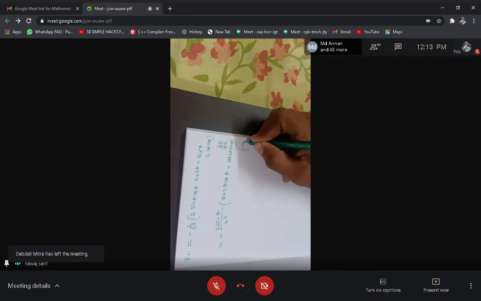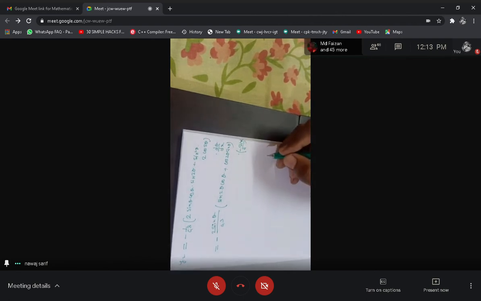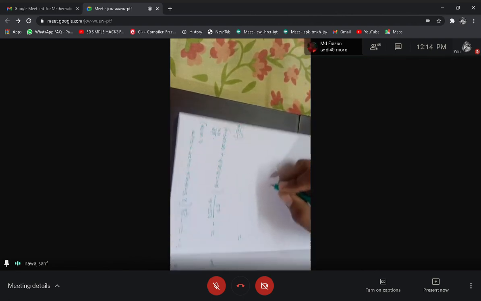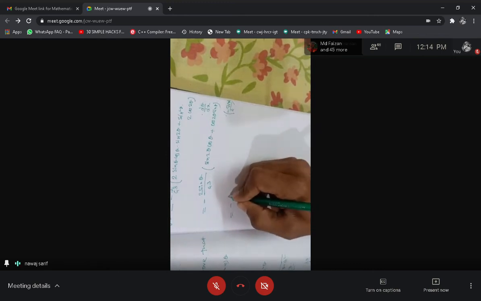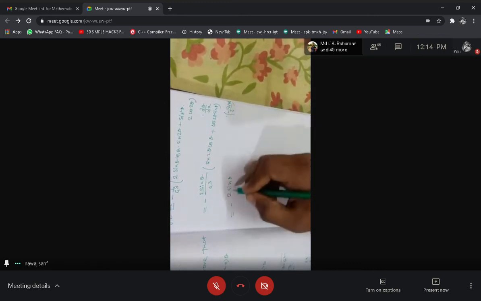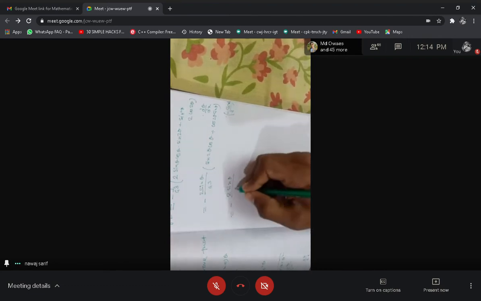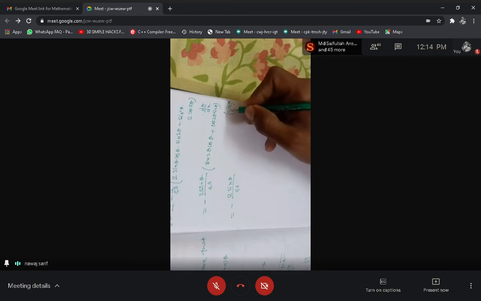Minus sin square theta upon a. So this one implies minus 2 sin theta by a cube.